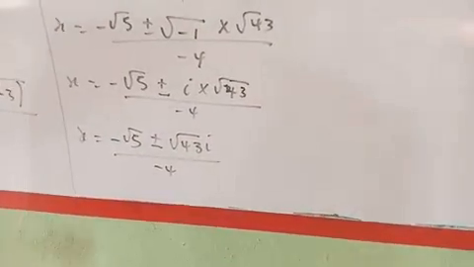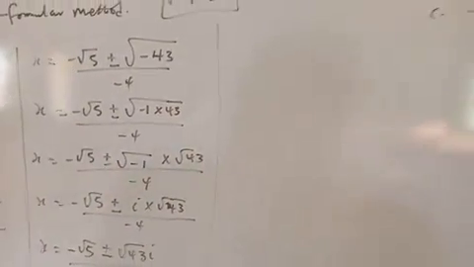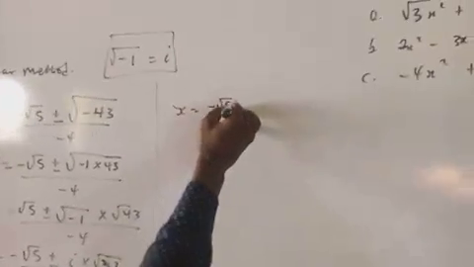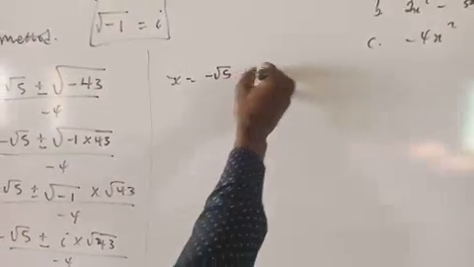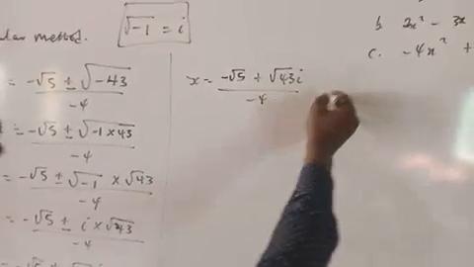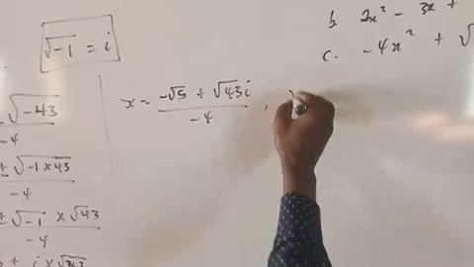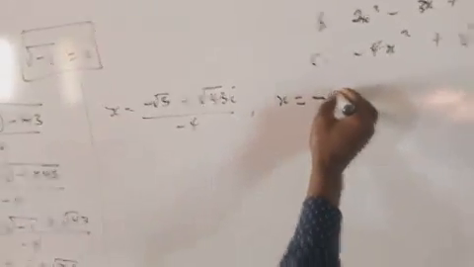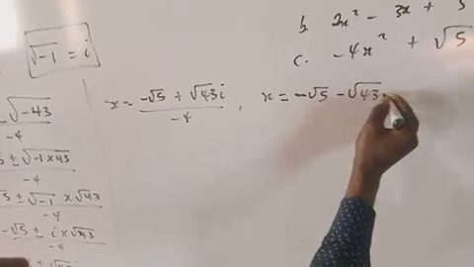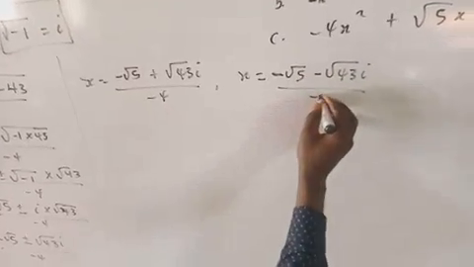So I can continue from this point, which I'm going to have as x is equal to minus root 5 plus the square root of 43i over minus 4. And also I can have x is equal to minus root 5 minus the square root of 43i over minus 4.